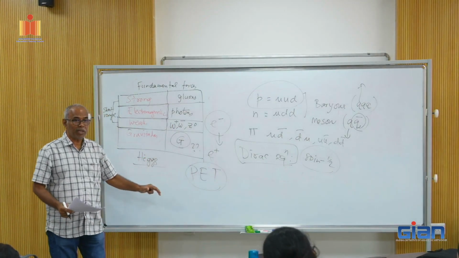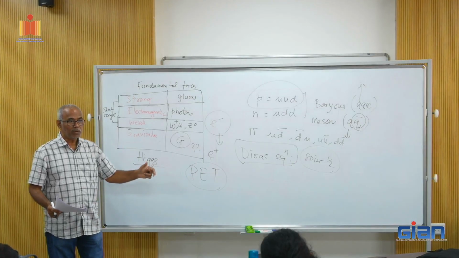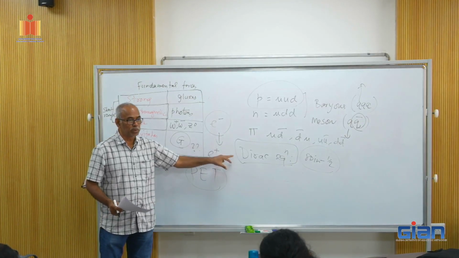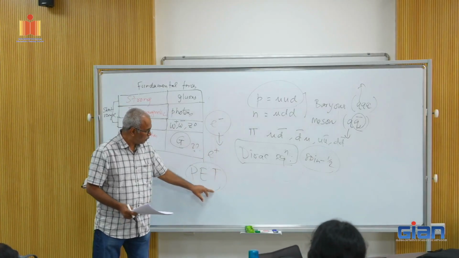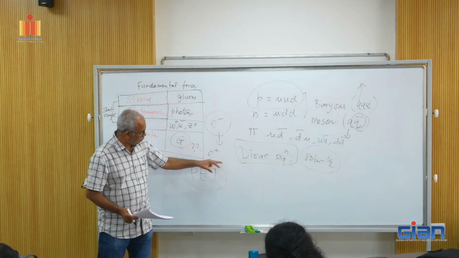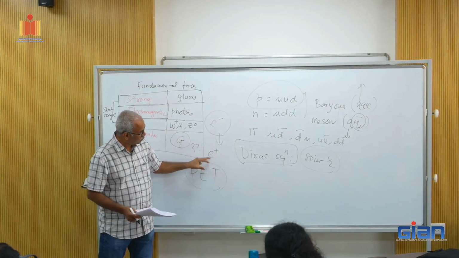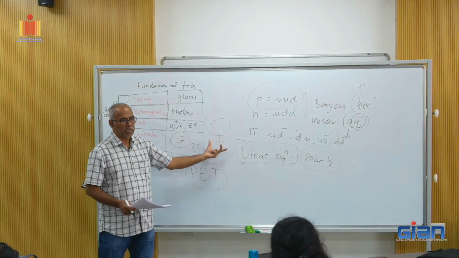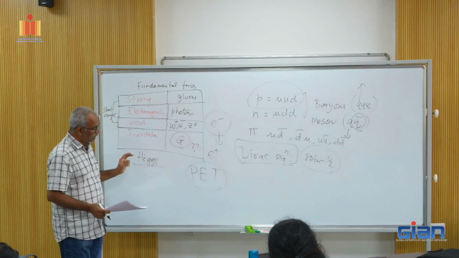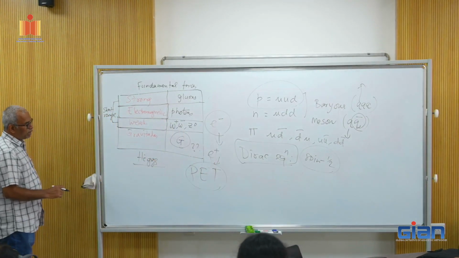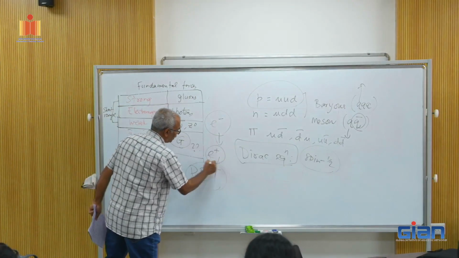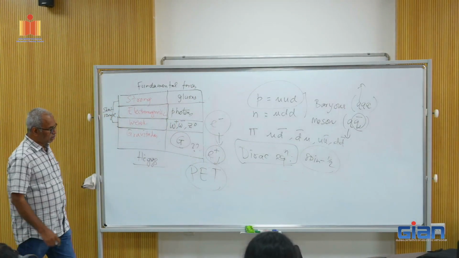You cannot have that equipment or diagnosis without this positron. And the positron is an antiparticle. So the moment it was discovered, we found something new about antiparticles. But we will not go into that aspect, because at some point you will come across PET, which is directly related to an antiparticle, positron emission tomography.